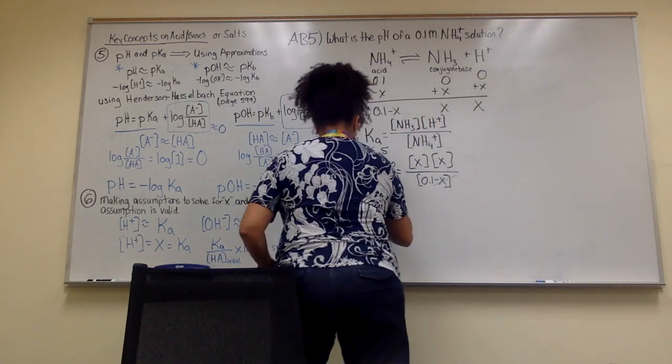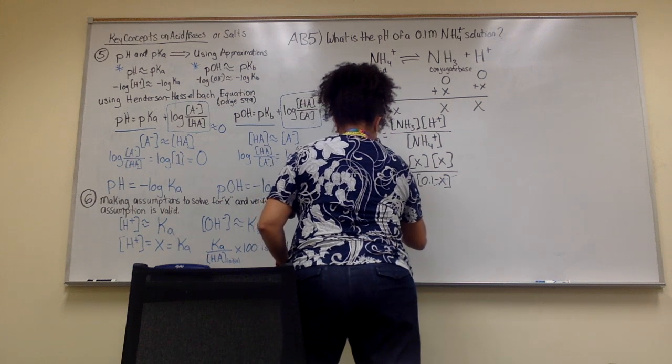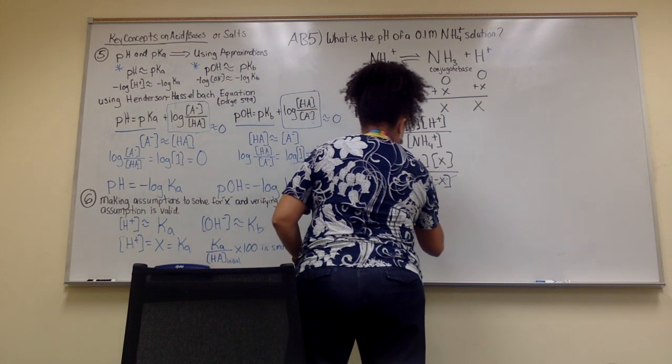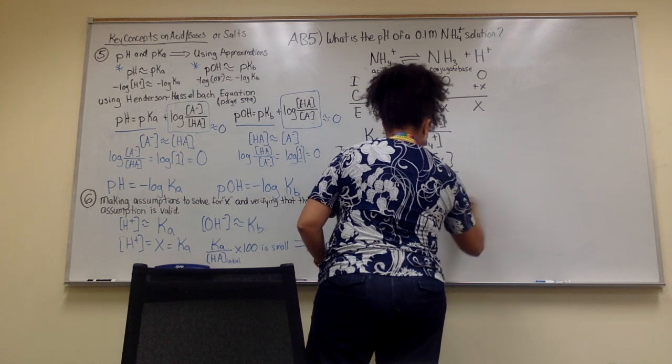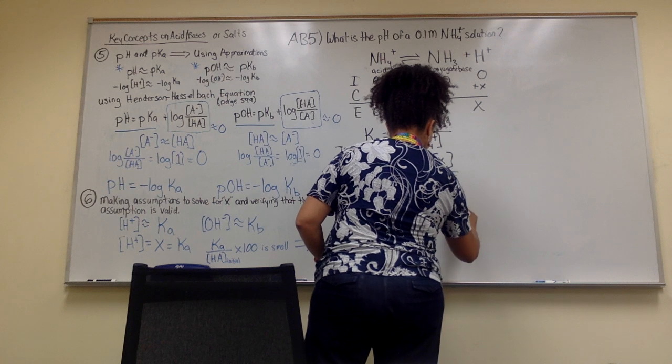And so then we're left with 5.6 times 10 to the minus 10 being equal to X times X all over 0.1.